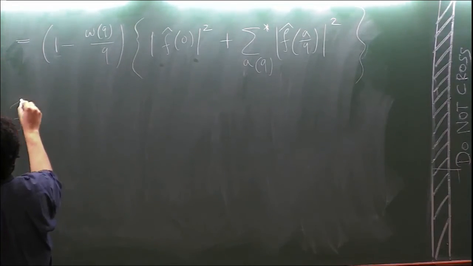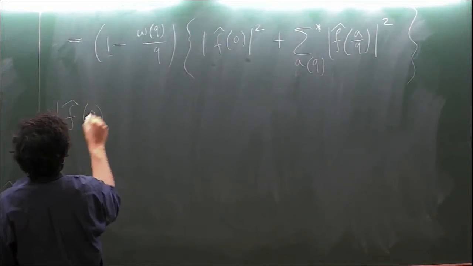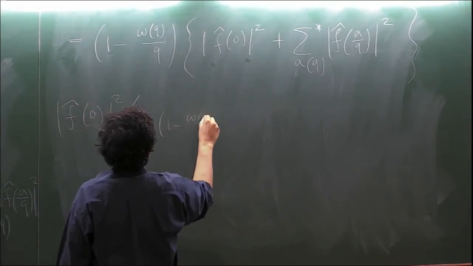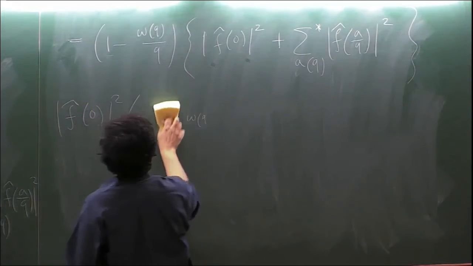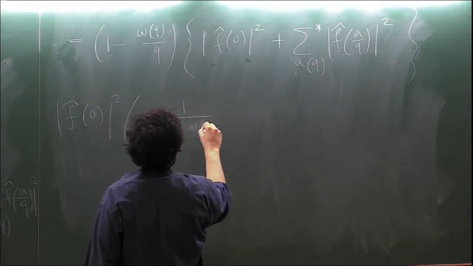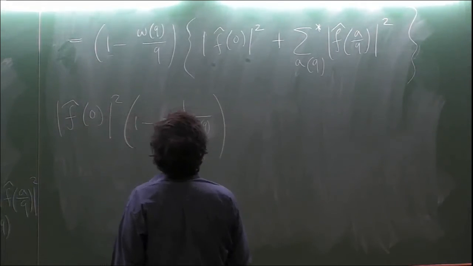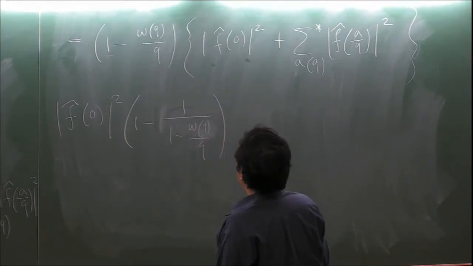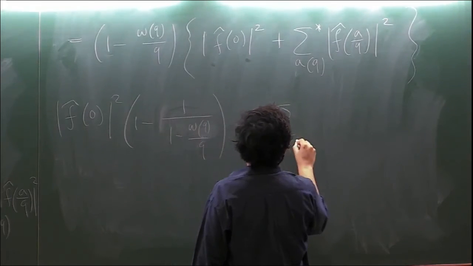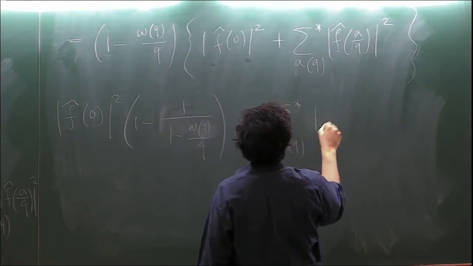So that means f hat at 0 square into 1 minus, no, I have to divide by this thing. So 1 upon 1 minus omega q by q. And that should be less than the sum over a mod q star.